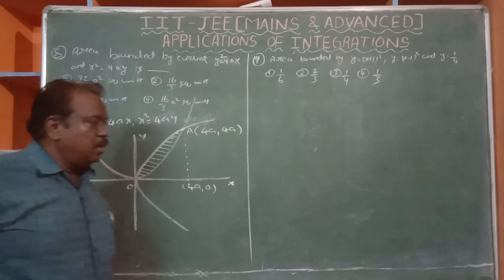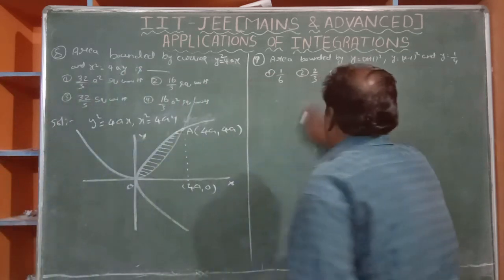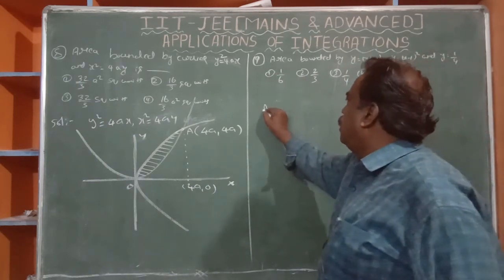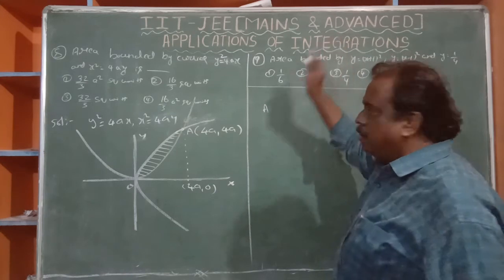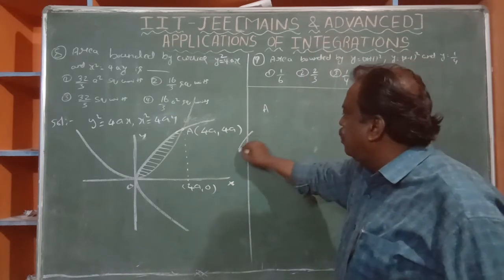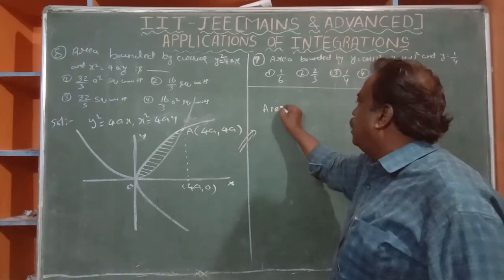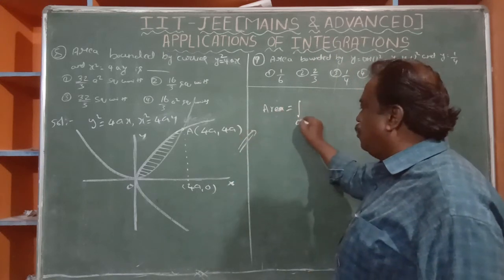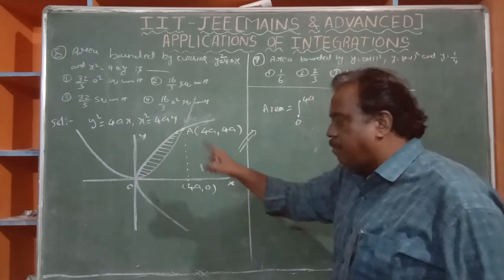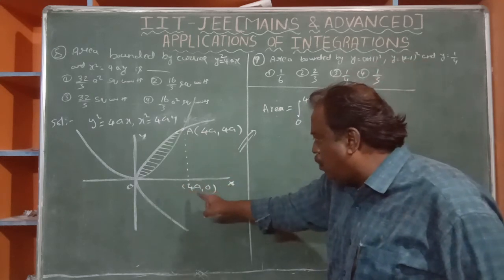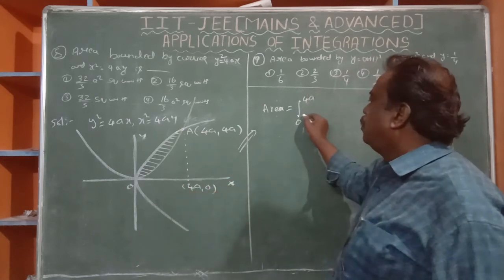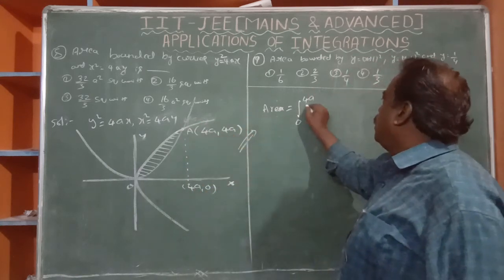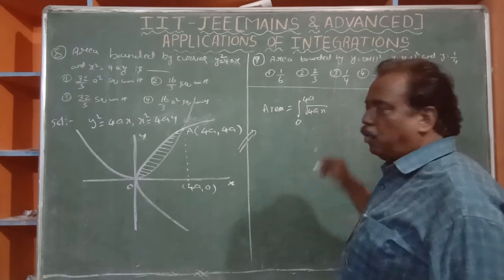Okay, I'll start here. You see, here, not this one, very different problem. Area is equal to integral from x is equal to 0 to x is equal to 4a. The upper curve is the first curve, this is root of 4a x.